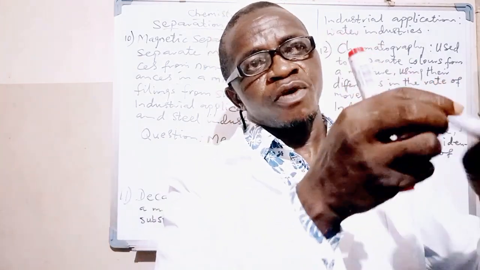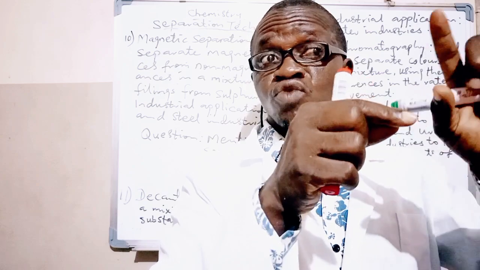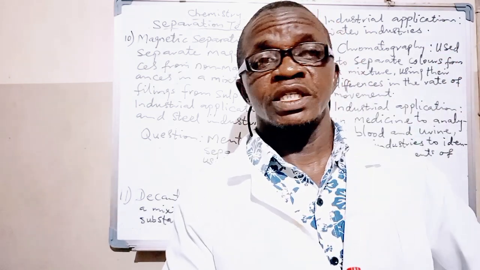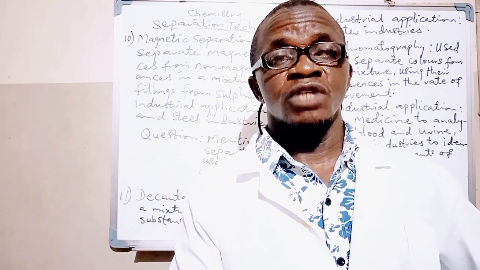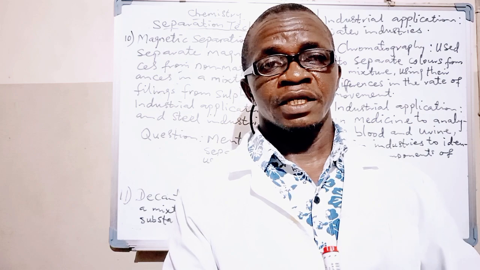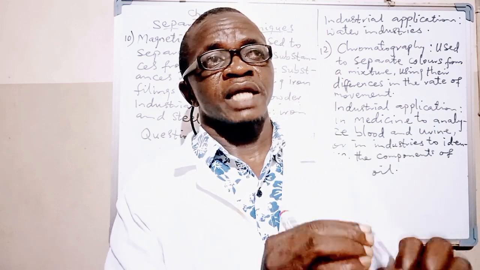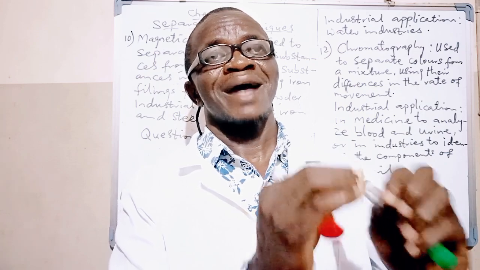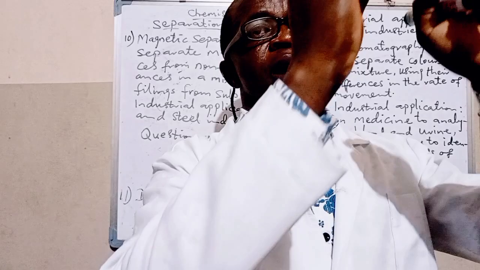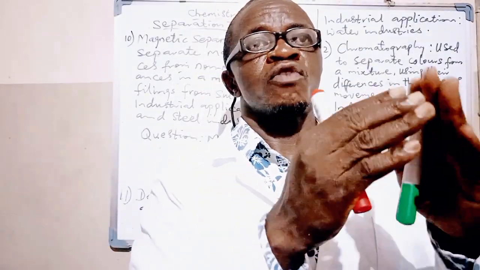Pour ink on the paper, somewhere on the paper, and do not allow the ink to be very close to the bottom, so that when you dip it inside a mobile phase, a solution that will move like ethanol, the ink will not go inside. So as you fix it there, the ethanol will start climbing the paper and soak the ink and move away from the ink as it is going upward. And all the colors present in that ink will start moving.